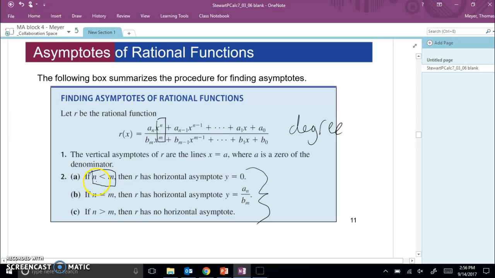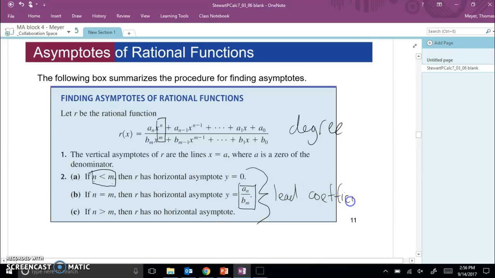So when the n is less than the m, the top is less than the bottom, the asymptote is always y equals 0. When the degrees are equal, then it is the ratio of the leading coefficients.